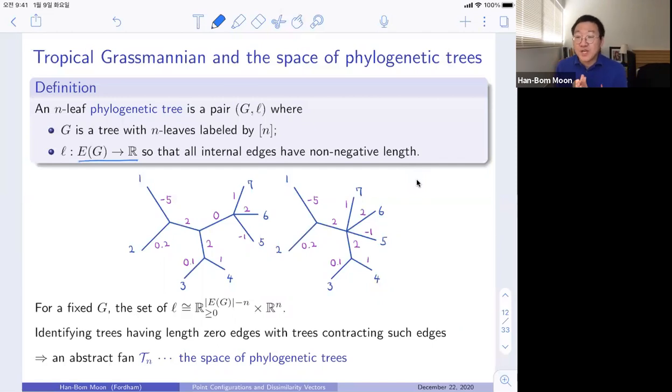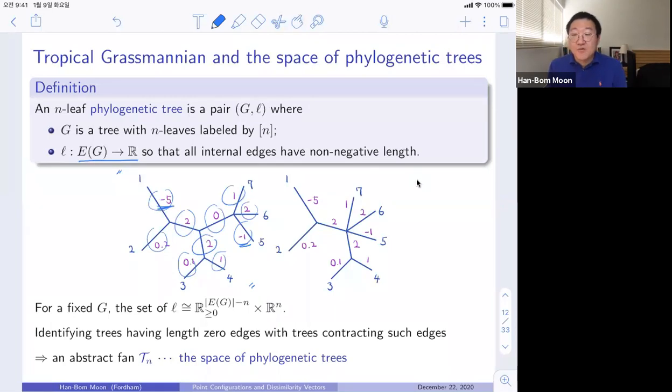But we want to extend the definition a little bit, in the sense that all internal edges may have positive or zero length, but all edges adjacent to leaves may even have negative length. Here is one example. These three edges here, here, and here are internal edges. They must be at least 0. We are going to allow 0. And the edges adjacent to the boundary may have negative lengths. We are going to allow it.